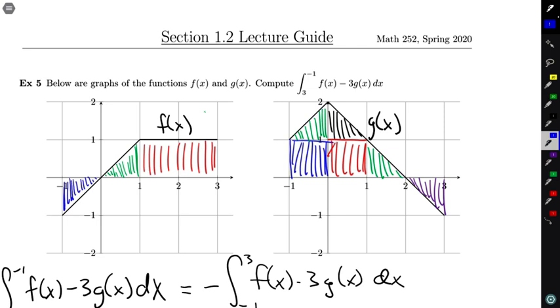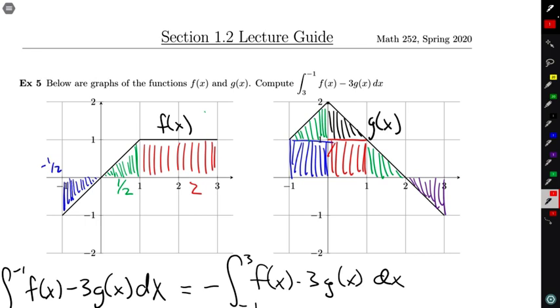For f of x, this blue area here is a triangle. It's got base 1, height minus 1, and so its area is going to be minus 1/2. The green area here has base 1, height 1, is a triangle, so its area is positive 1/2. And the red rectangle here has base 2, height 1, so its area is 2.